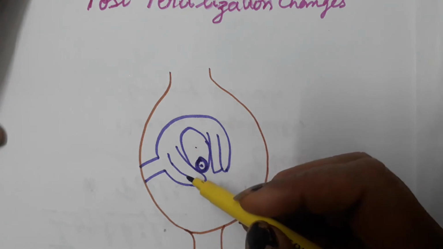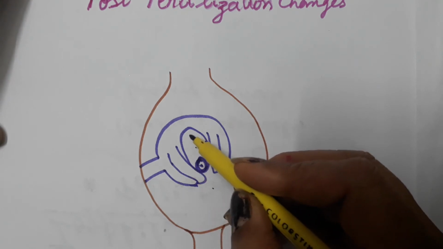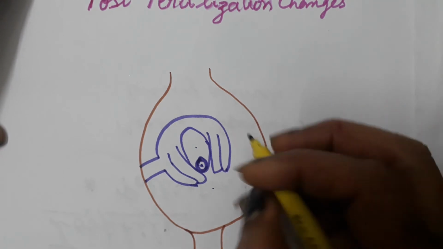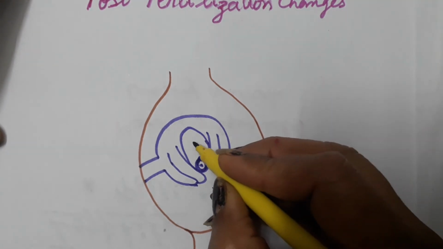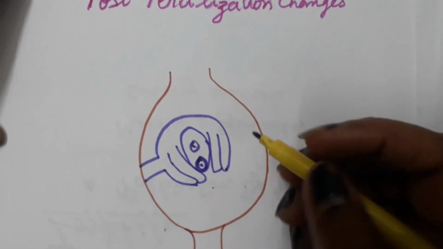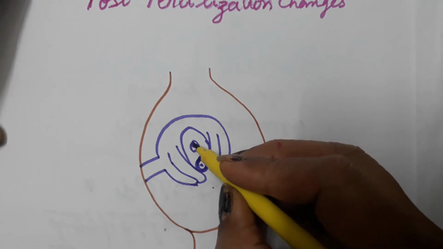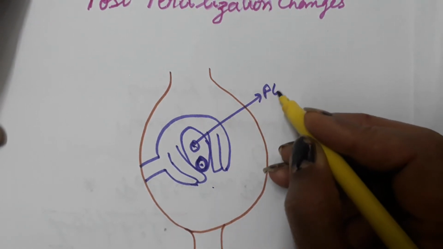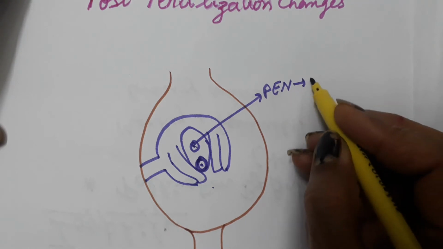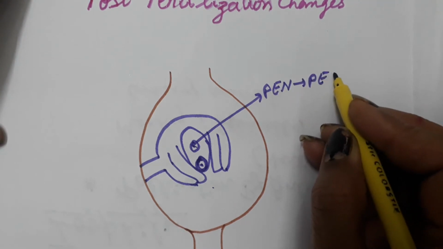And towards the chalazal end, there were 3 antipodals which degenerate after fertilization, and in the center is present the product of triple fusion, that is the primary endosperm nucleus, which later on changes into the primary endosperm cell.